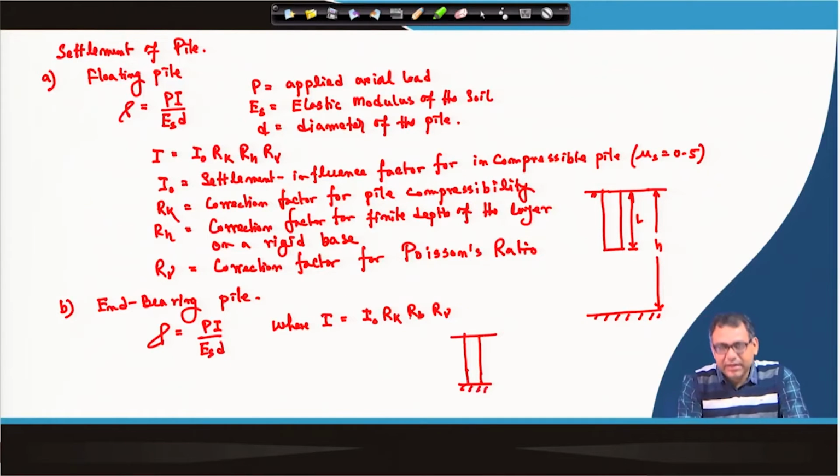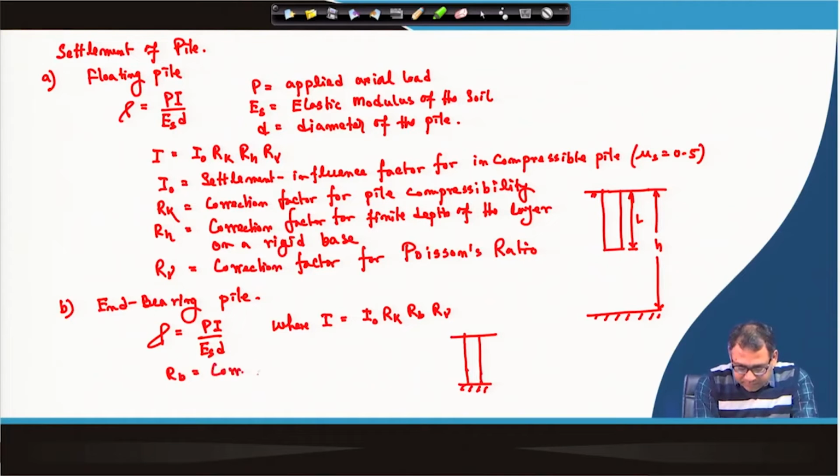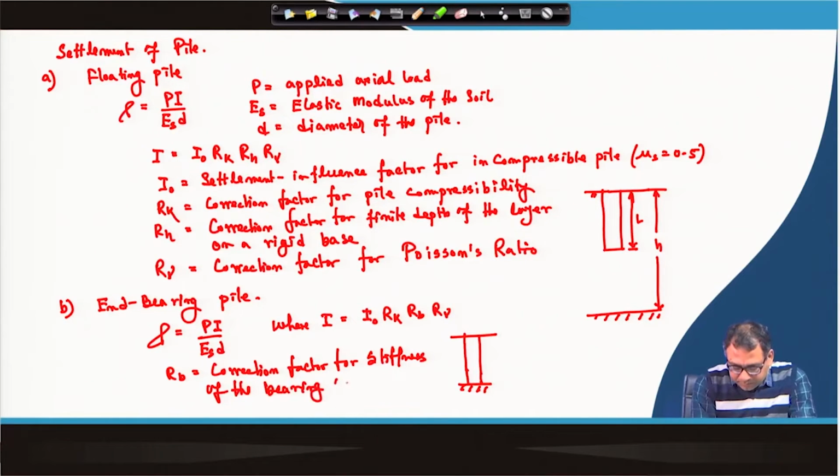But here R b is introduced, which incorporates the effect of stiffness of the base soil where the pile is resting. So, that means R b is the correction factor for stiffness of the bearing stratum.